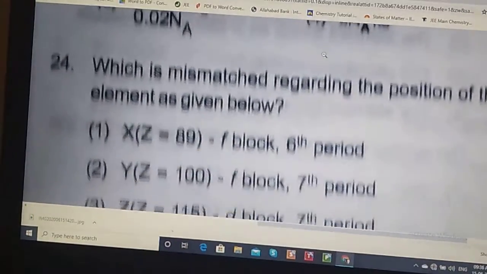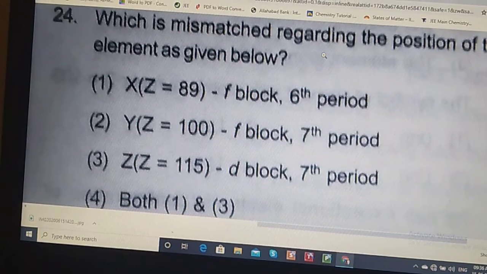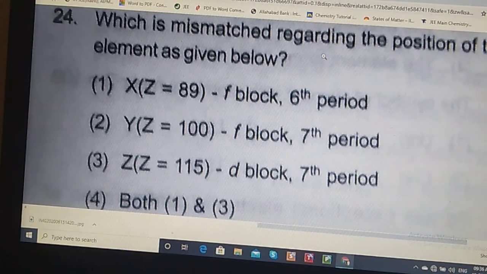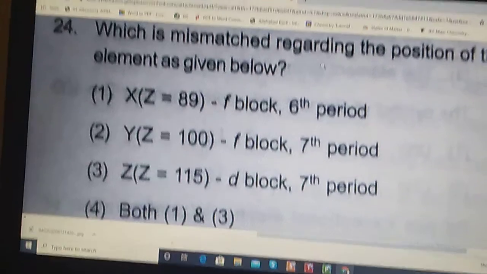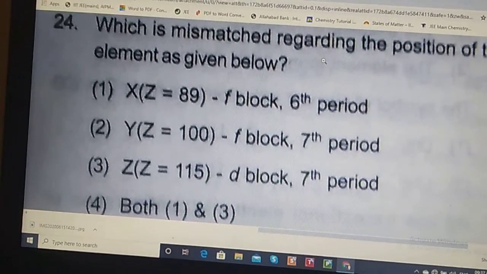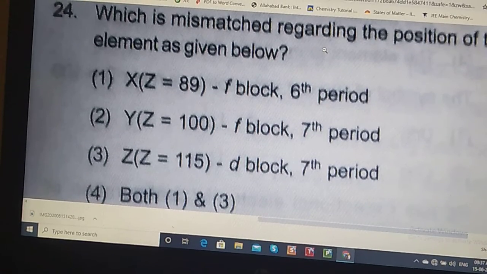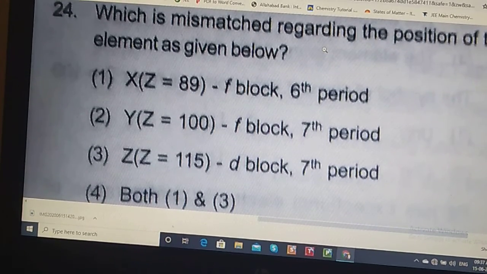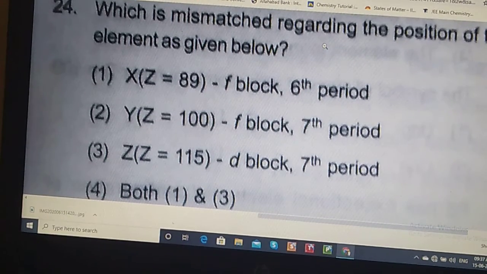Now let us move to question number 24: which is the mismatch regarding the position of the element as given below. Looking at the first option, 89 is not an F block element, student. It is a D block element.